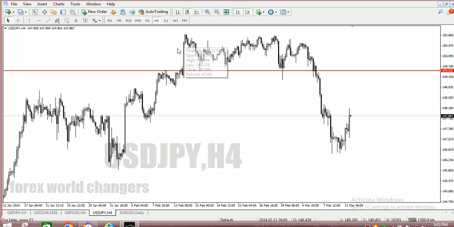This level was a resistance, and when it broke, it became a support. It tested the support, and then tested it again, and then decided to break. After breaking this level, it left a nice supply zone.